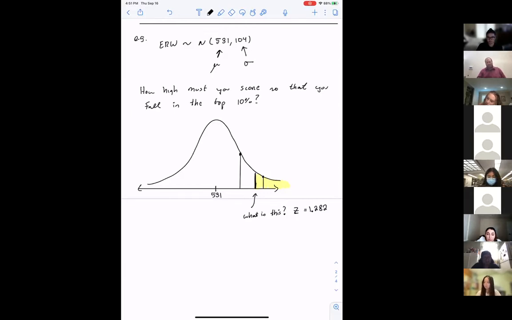I forgot. What was the formula? Z-score formula. What is the z-score formula, please? Z equals x minus the mean over the standard deviation. So if I want to rearrange this to solve for the raw data, what would I get?